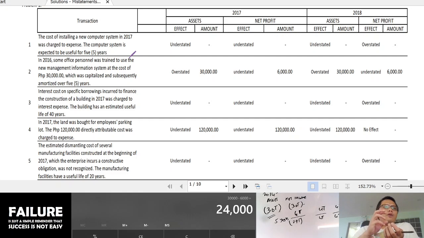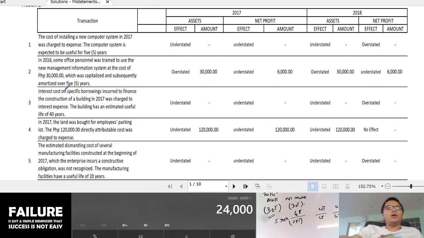Those type of interest cost or borrowing cost, class, under our Philippine accounting standards are capitalizable. Klaro yun siya, ha? Any borrowing cost or interest incurred in the acquisition or construction of a property, plant, and equipment, okay, basically is a capitalizable cost, not an expense.